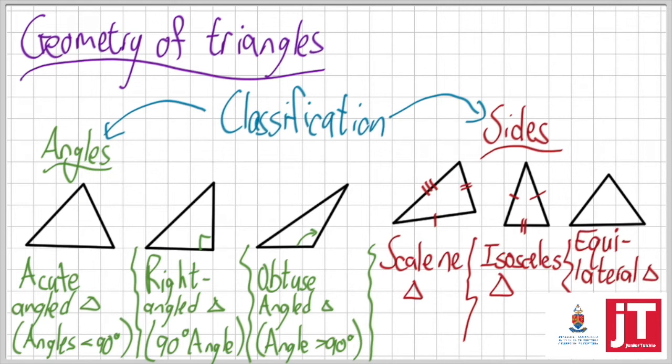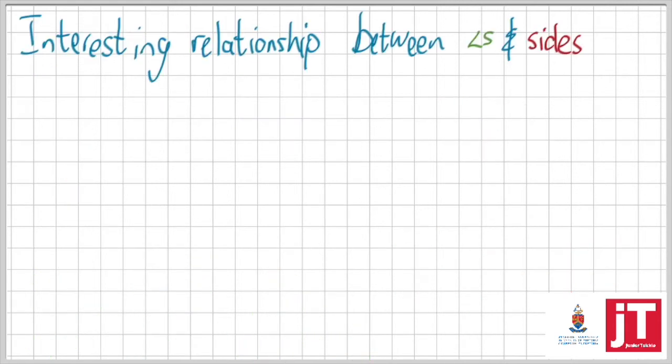Why is it important? Because, interestingly, in mathematics, there's a relationship that exists between the magnitude of the angles and the length of the sides of a triangle. This is a very important part of this video, not so much for grade 8, but definitely for grade 9, 10, 11, and 12.